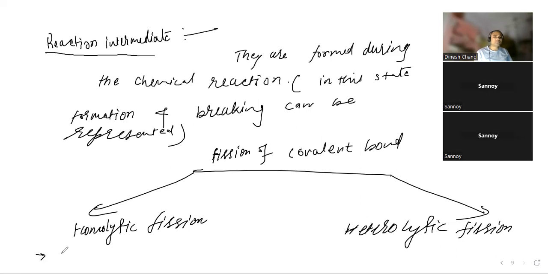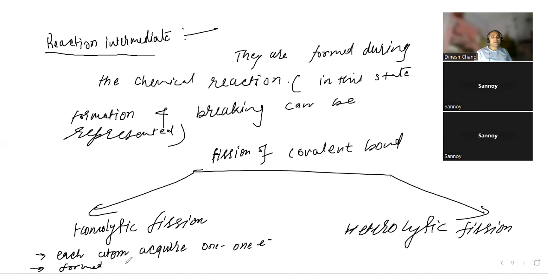Homolytic: each atom acquires one electron. The formed species is a free radical.